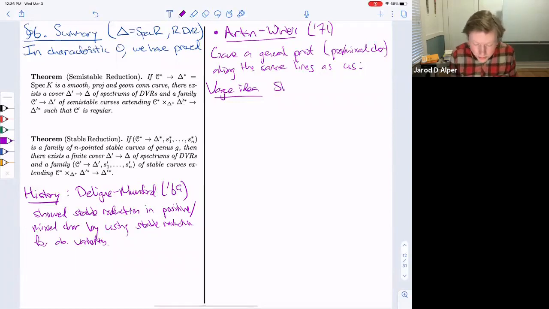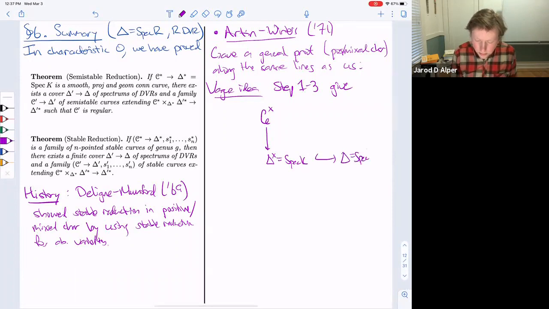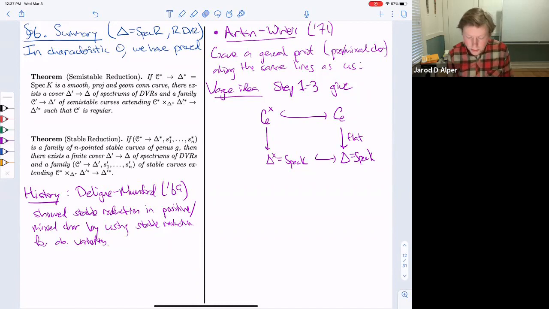So the vague idea is that steps 1 to 3 give you, so we have C star, a flat family, and you can even arrange that the reduced central fiber is nodal.